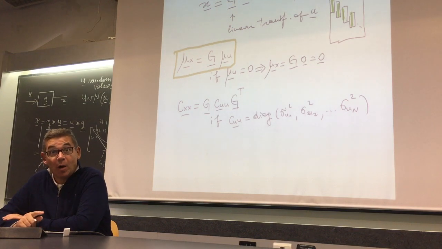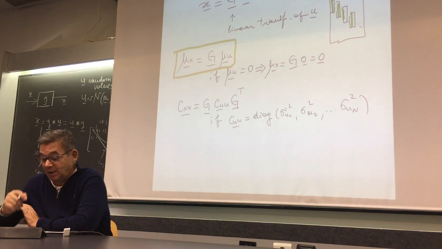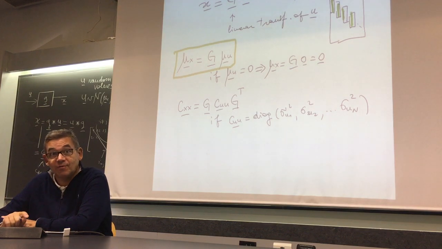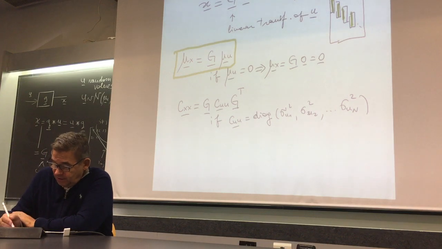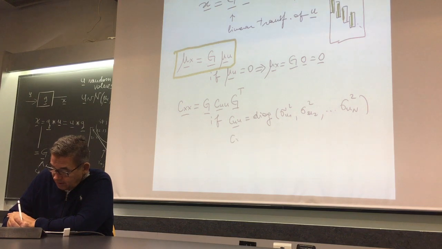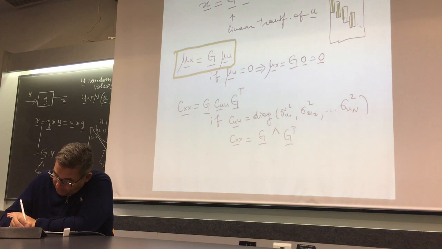I cannot say it's white, because when I say white, every entry, every variance should be the same. So it's not white. If it is this case, then my CXX is G, this diagonal, G transpose.